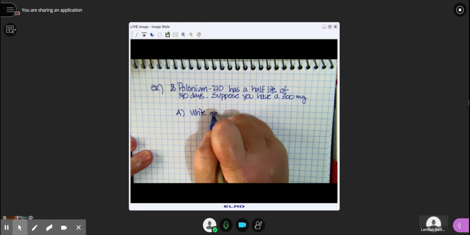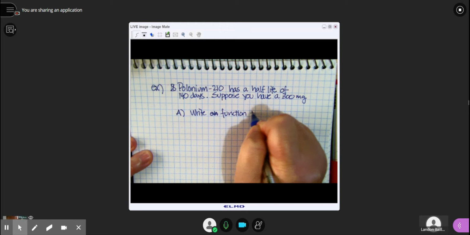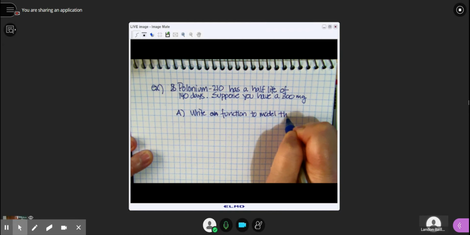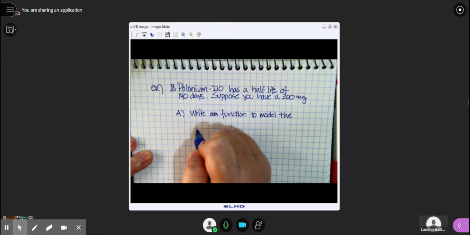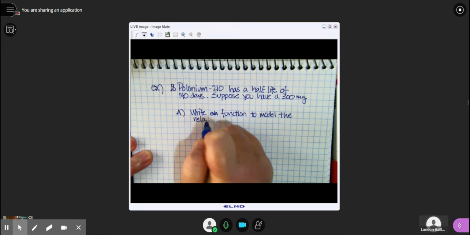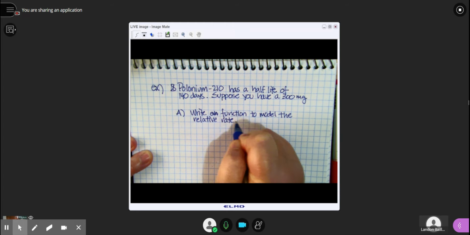Write a function to model the relative decay rate.